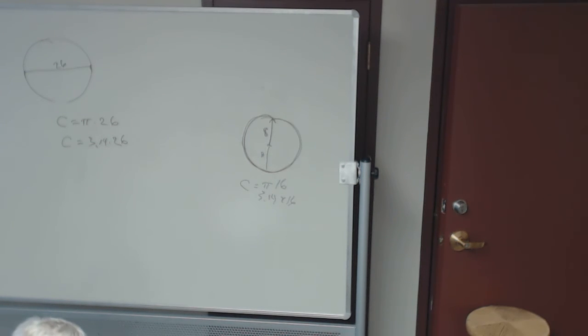Wouldn't you multiply the two numbers together? 26 times... Oh, yeah, so you'd multiply 6.80 because we had to convert it into feet.